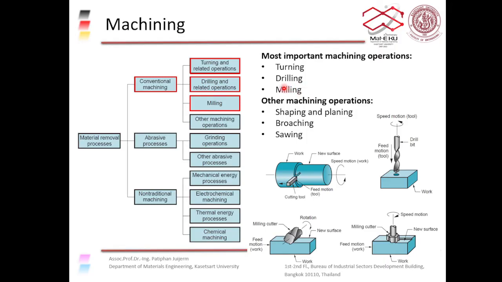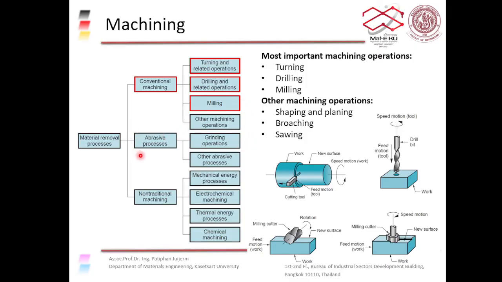Machining process can be divided into conventional machining process, abrasive process, and non-traditional machining. So in this course, we're going to concentrate on conventional machining process, the machines that you can find in any workshop.